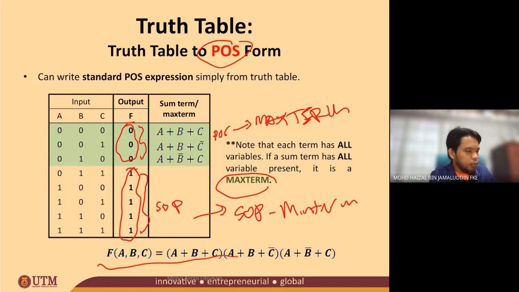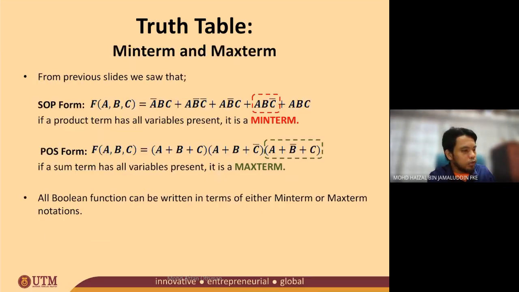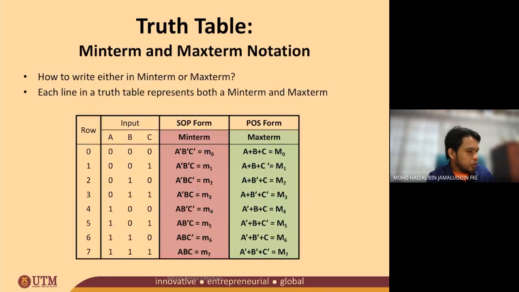So writing the equation in min terms or max terms is too long. If you have all 8 or 16, it will be difficult to write. Okay. So in order to shorten it, we introduce a way to write in terms of min term or max term.